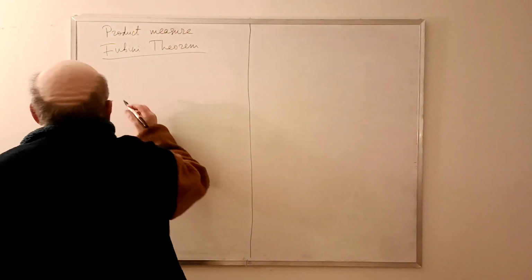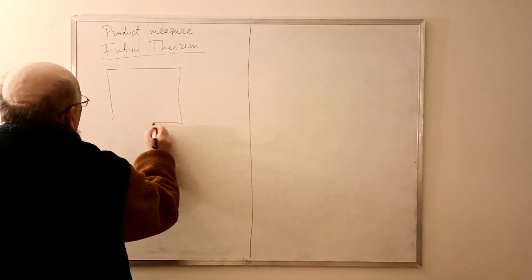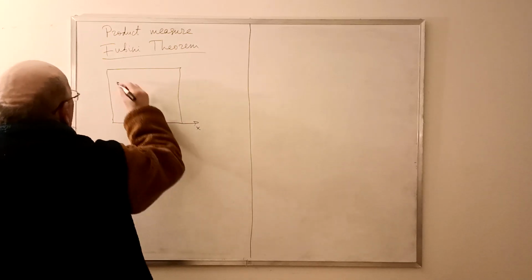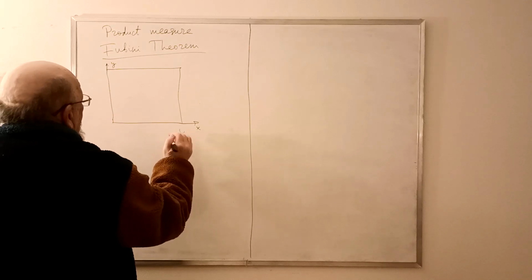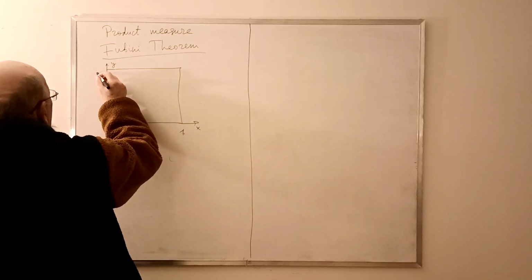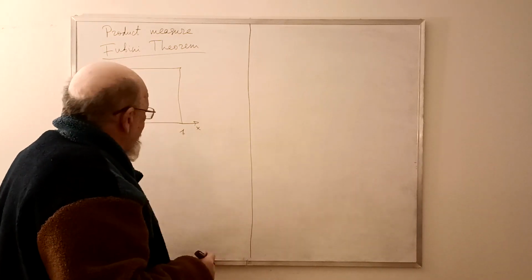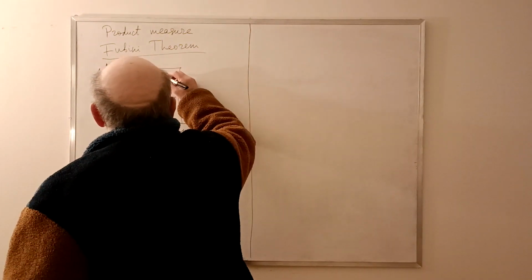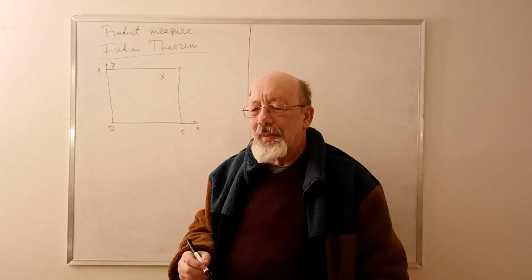So, consider a square in the xy plane. It is 0, it is 1, it is 1. It is our domain X. It is the square.